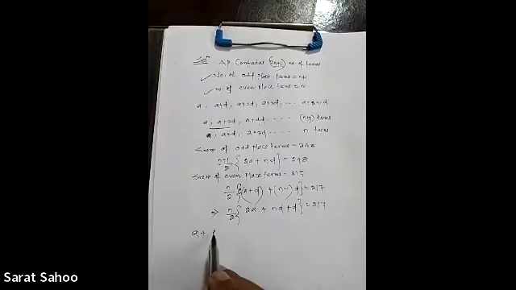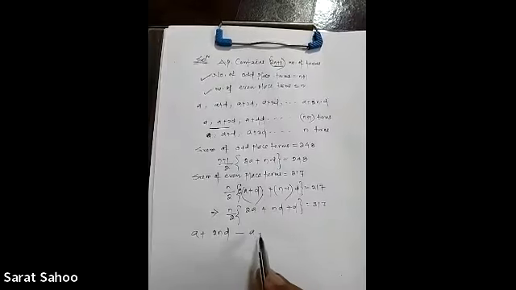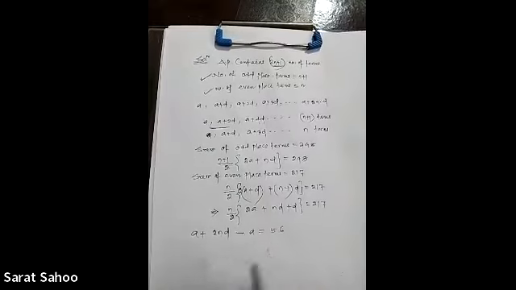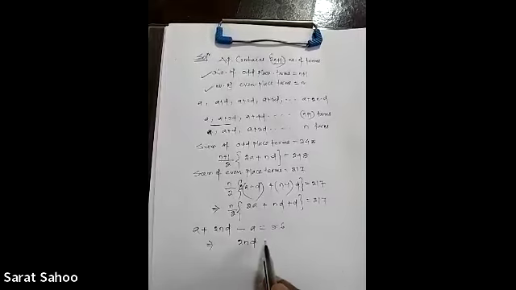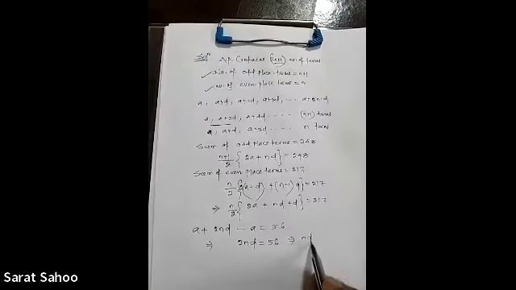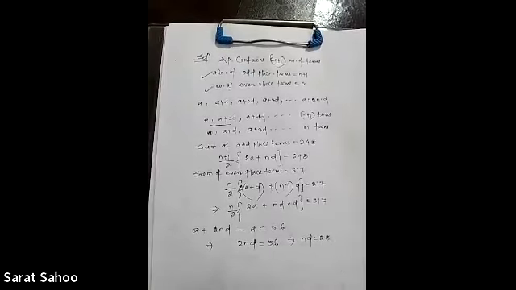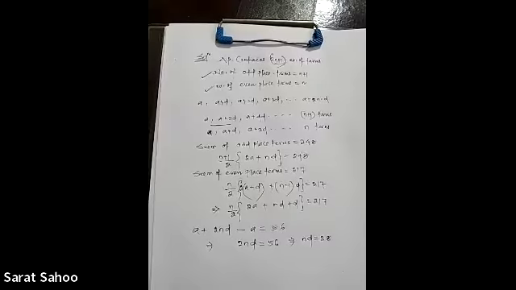A plus 2nD minus the first term A is equal to 56. So 2nD is equal to 56. So nD is equal to 28.